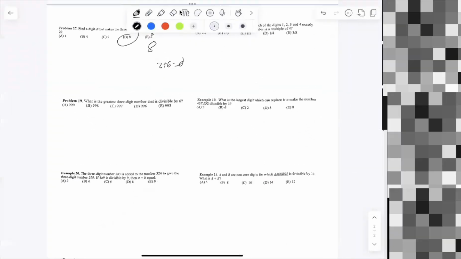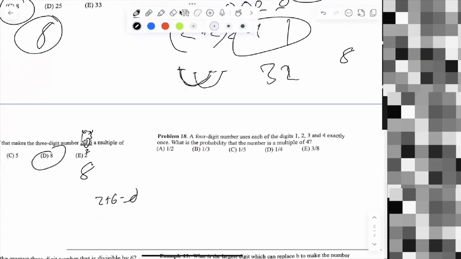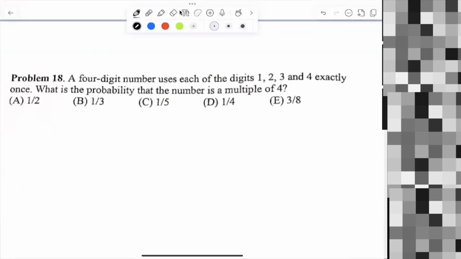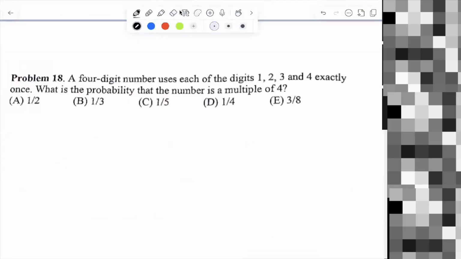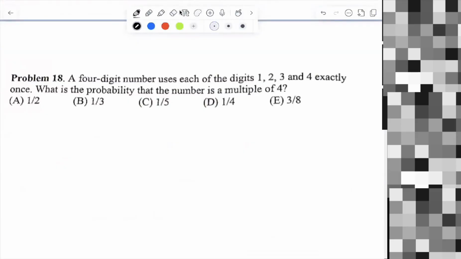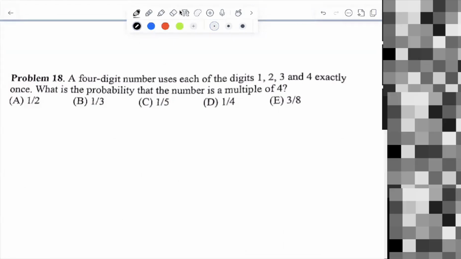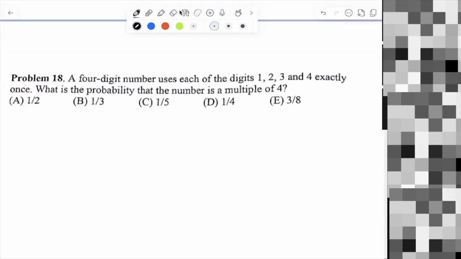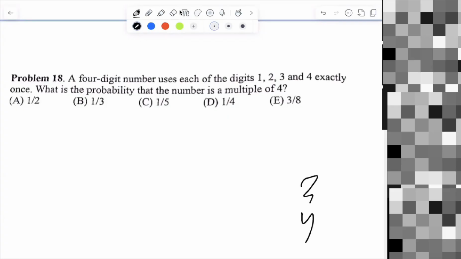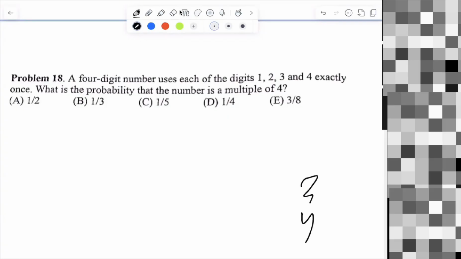Now let's do problem 18. A 4-digit number uses the digits 1, 2, 3, 4 exactly once. What is the probability that the number is a multiple of 4? Well, first of all, notice that the last two digits have to be divisible by 4. How do we do that? There's only two possible last digits, 2 and 4.